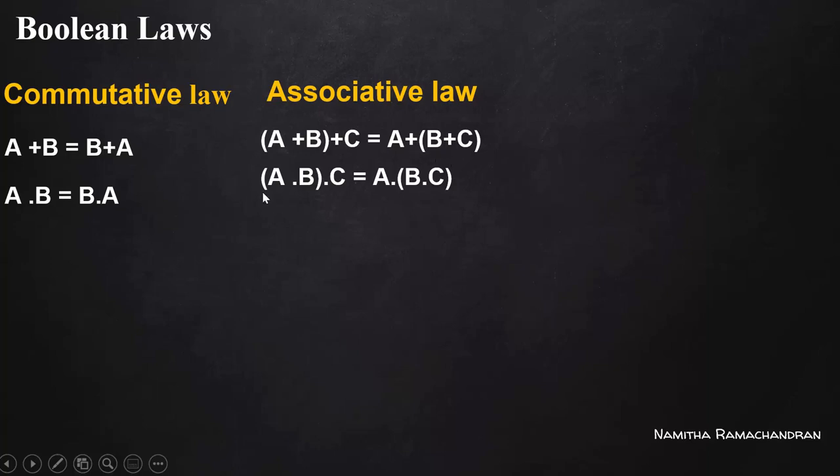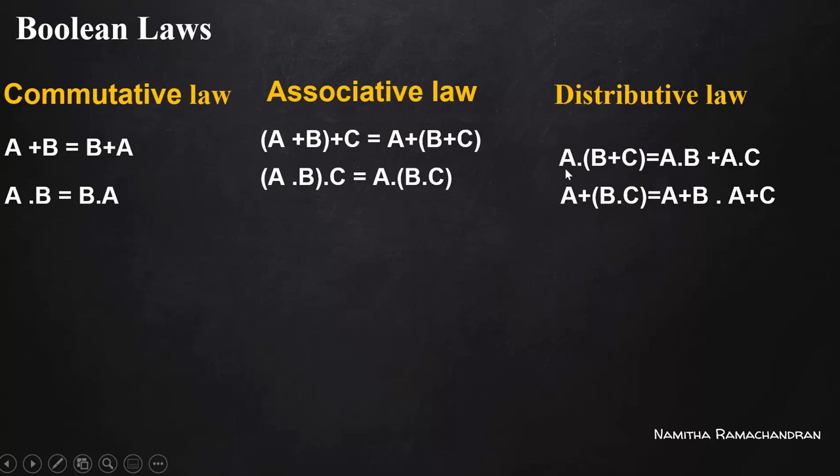Similarly for AND operation, A and B generates a result which is ANDed again with another variable C, so the final result is equal to A and B and C. Okay, next is the distributive law. That means we can distribute this AND operation here. A and B or C means A and B or A and C. We can distribute this AND operation inside this bracket.